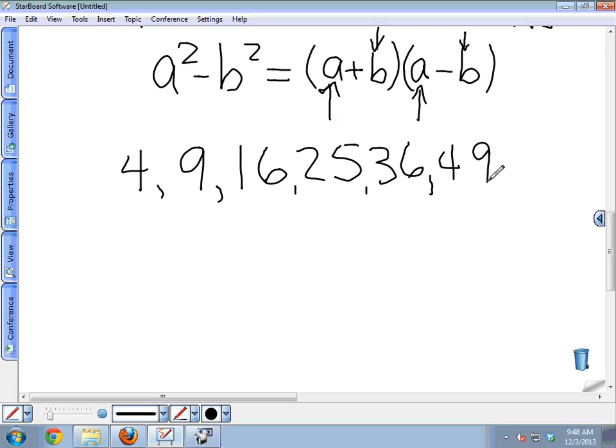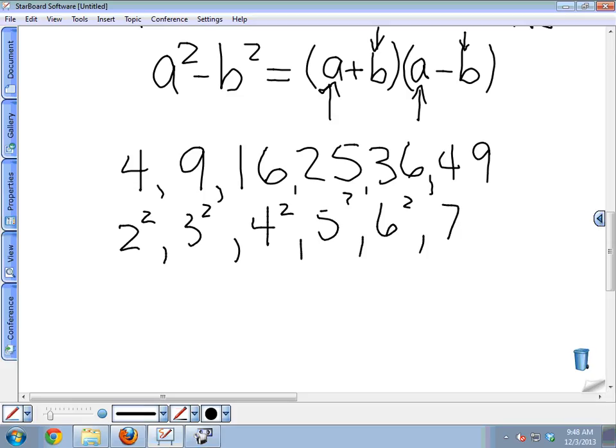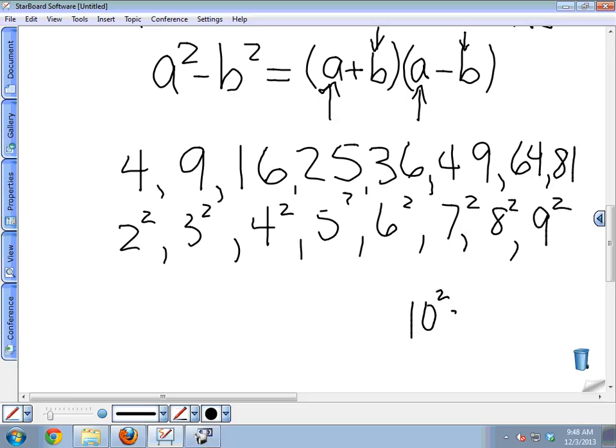This is 2 squared, this is 3 squared, 4 squared, 5 squared, 6 squared, and 7 squared. Okay, I could go on. 8 squared is 64, and 9 squared is 81, and everybody knows that 10 squared is equal to 100. So there you've got your first bunches of them, your perfect squares. You know them all. Okay?